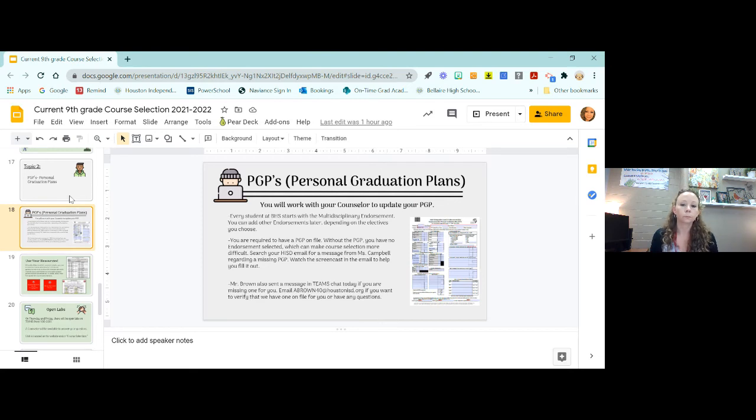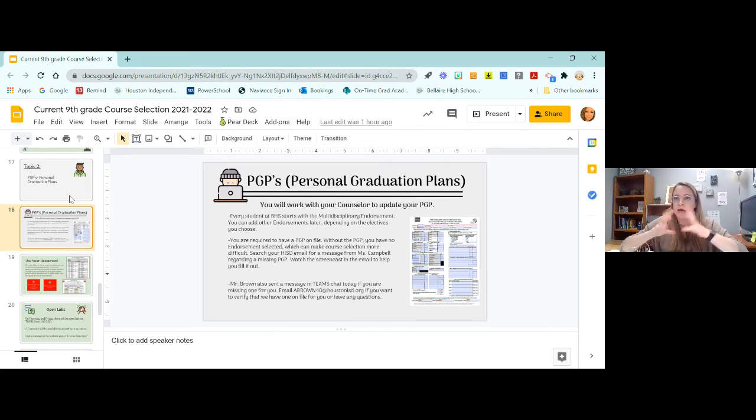Sure. So you have your multidisciplinary, which encompasses a nice variety of electives. Then you have your arts and humanities. For that, you have to have taken 5 credits of social studies or languages.